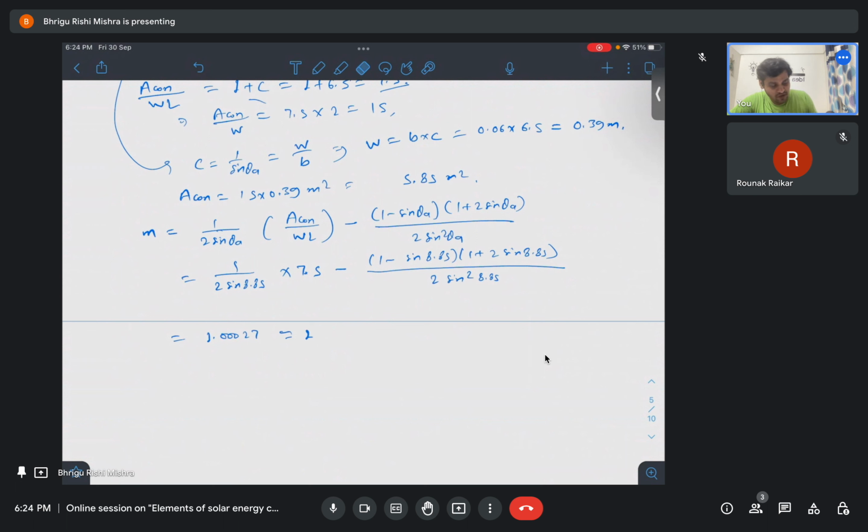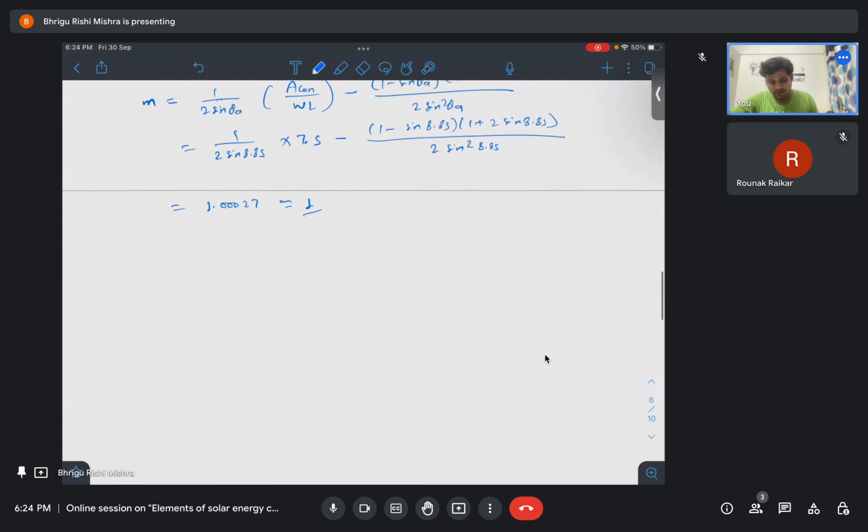That means almost all the radiation beam coming inside the CPC hits the absorber plate surface just after one reflection. Okay, so it is not going to multiple reflections. That is why it is equal to 1.